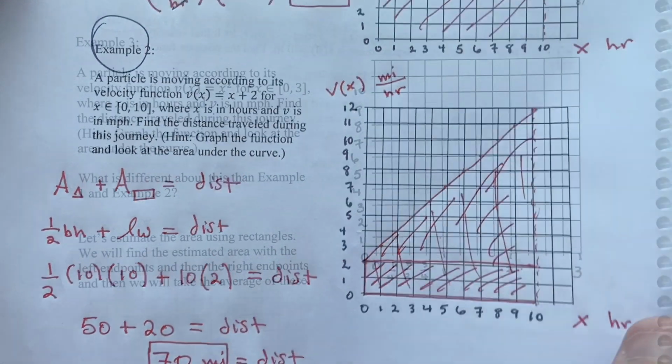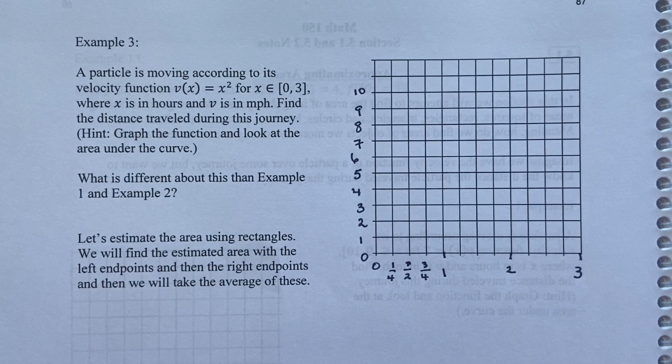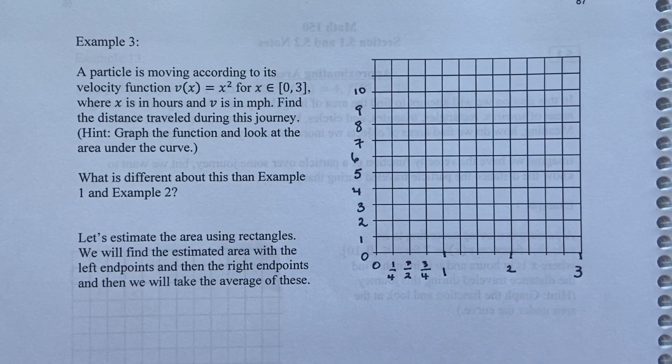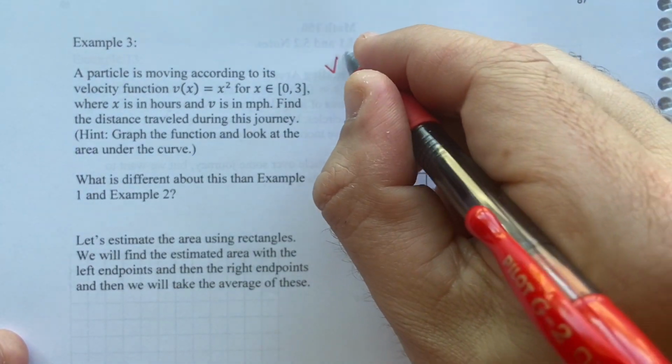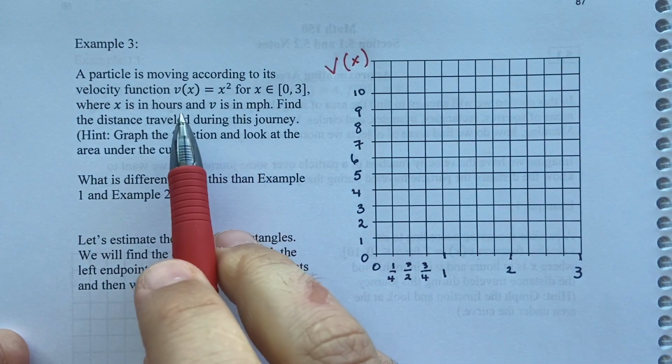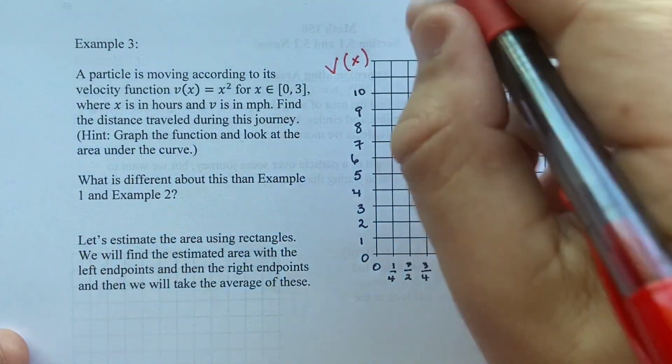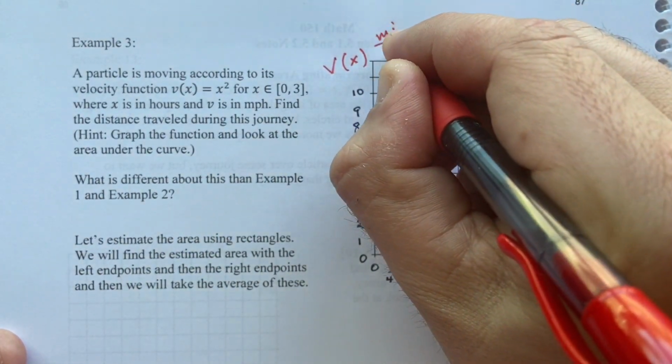All right, so on to example 3. It says a particle is moving according to its velocity function. So we still have a velocity function here, and that it looks like will be in miles per hour. I'll write that down.